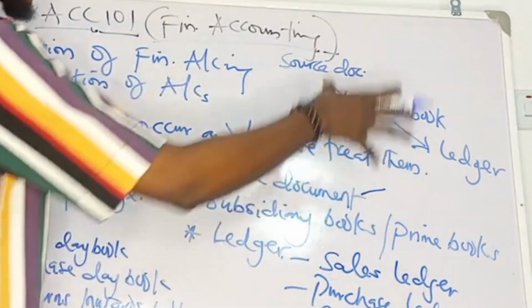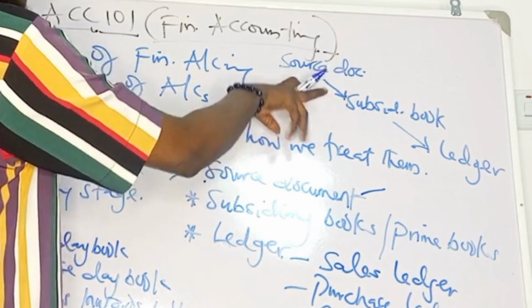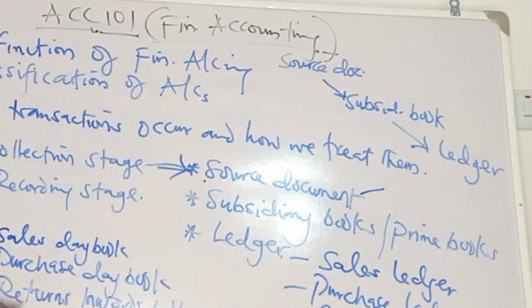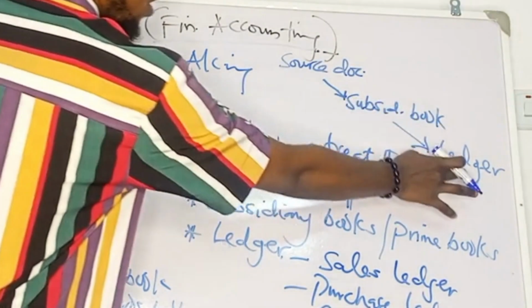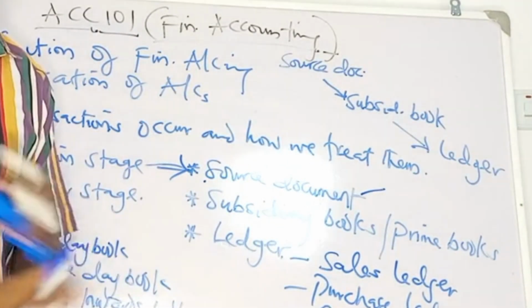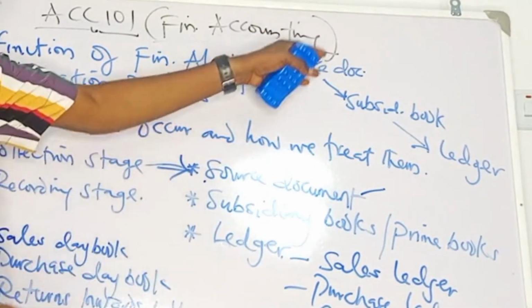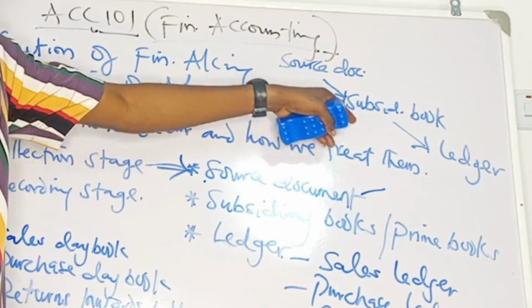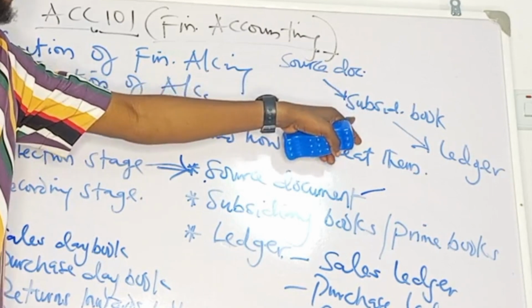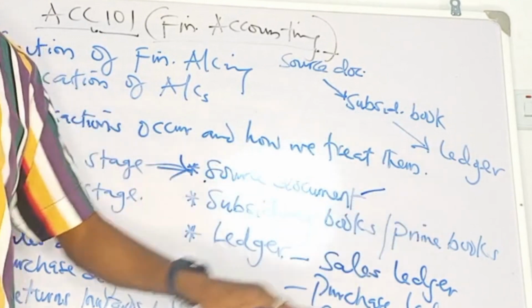The transactions first come to the source document, then they are taken to their respective subsidiary books, then finally the ledger. The ledger is the final destination for every account. From the source documents to the subsidiary books, from the subsidiary books they are taken to their respective ledgers.